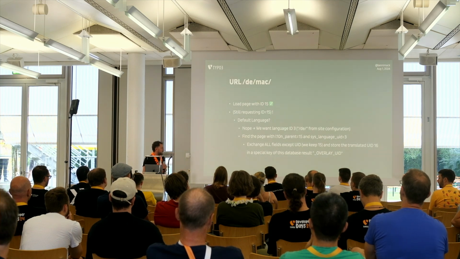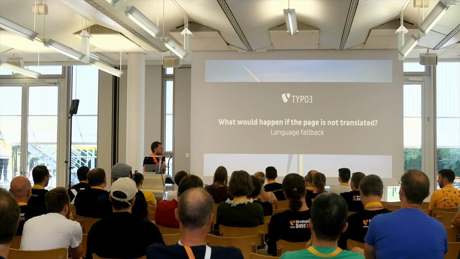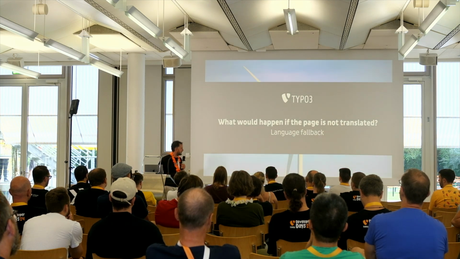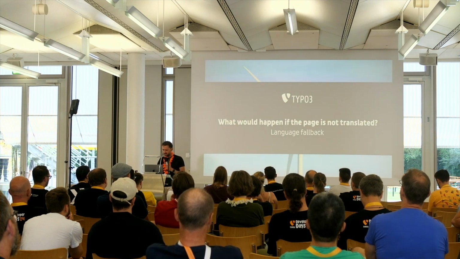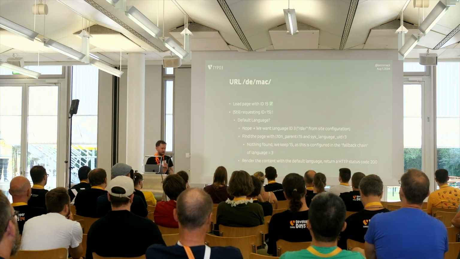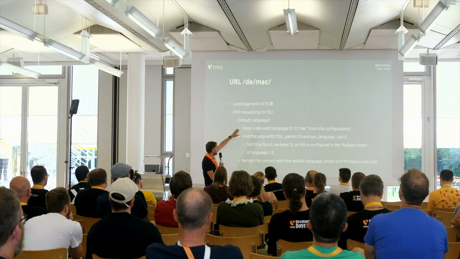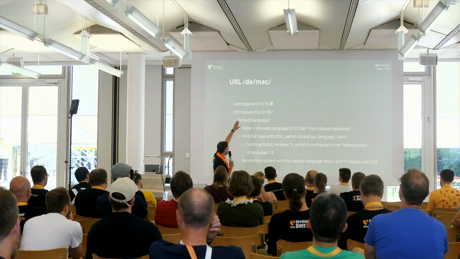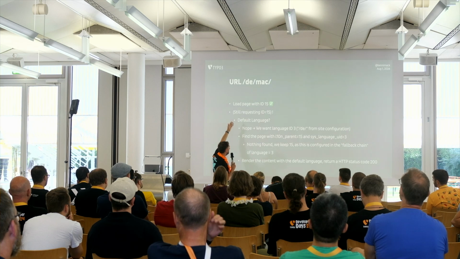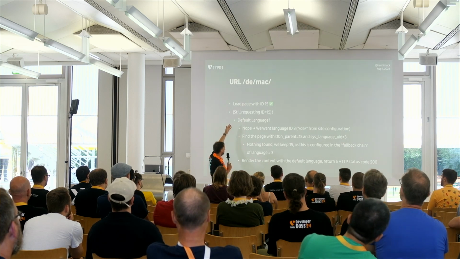But the question would be, what happens if the page is not translated? Oh, we're here for the language fallback. What happens? We're still requesting 15 with the /DE/Mac. You know, I can just delete the page translation.